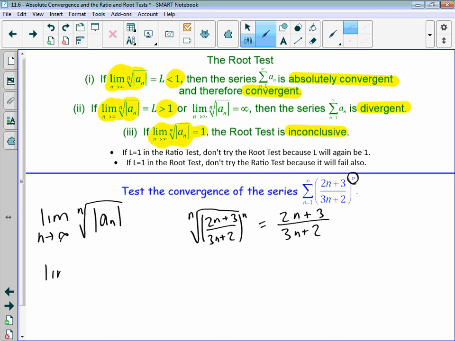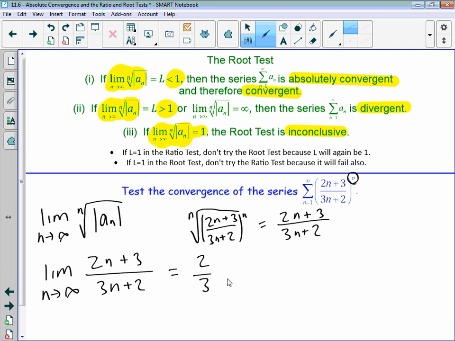So then I can do the limit as n goes to infinity of this. A lot of you will know what that equals right away. If you don't, you can either divide by n, or you can use L'Hopital's. Either way, it's really quick to solve. What's that equal to? 2/3.